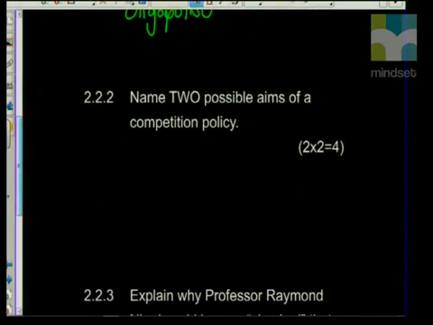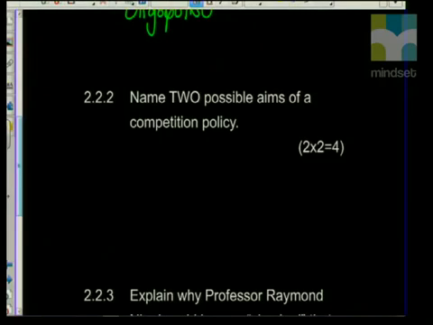Now, what would be some of the reasons, question 2.2.2, why we have a competition policy? Now, the important thing here is that you want competition in your economy, because when there is competition, it means that best quality is developed and prices are actually kept down. It also means that different businesses have a fair chance to take part in the economy. So I'm going to write down a few of the key words.